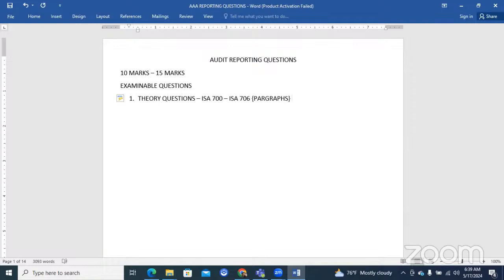There are a few paragraphs that we discussed in the class, right? Key audit matter paragraph, emphasis of matter paragraph, other matter paragraph, other information. So these kinds of areas you should focus on more.